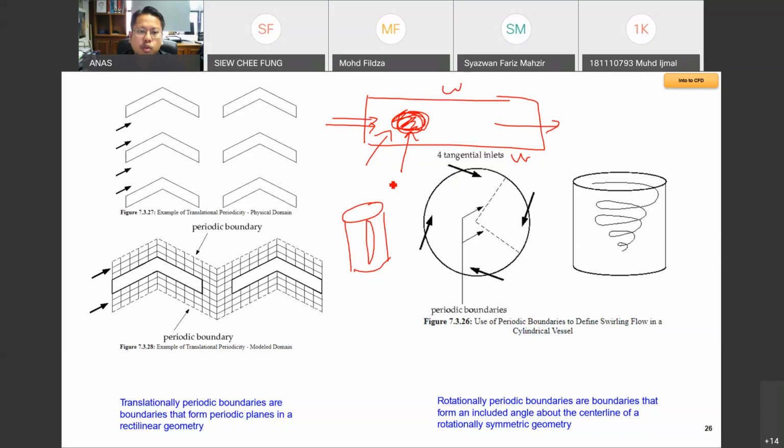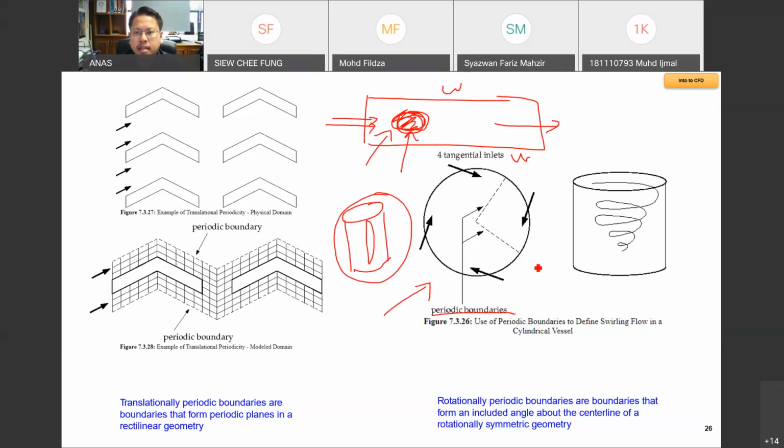Then the boundary will no longer be simple, because it involves several advanced boundary conditions that you can use. For example, when you have a moving blade, if this is your cylinder and you want a moving cylinder, you can use what we call periodic boundaries.